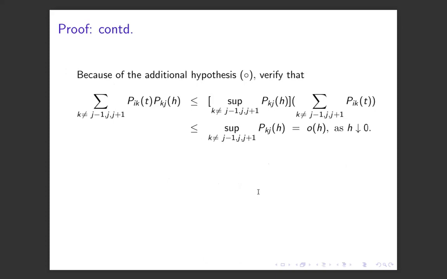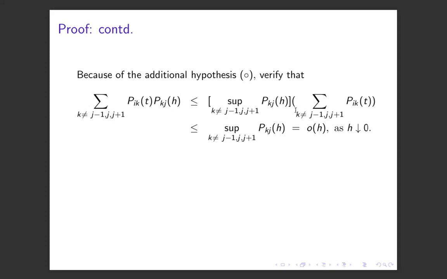So because of our additional hypothesis, each of these is less than, and here none of the k's are involved. So by our extra hypothesis, each of these is dominated by the supremum. And then the remaining sum, this is a sum over i.